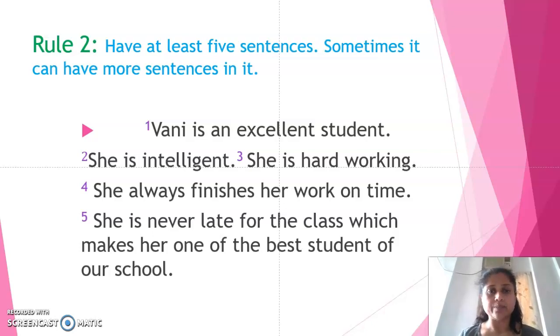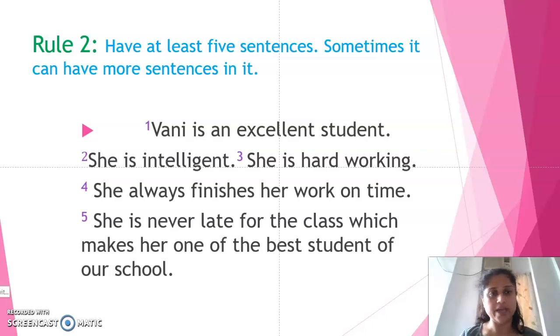Now, in our example, you can see the purple numbers that I have given show you the number of sentences. I've picked 5 sentences for my paragraph, which will explain my main idea in the best possible way.